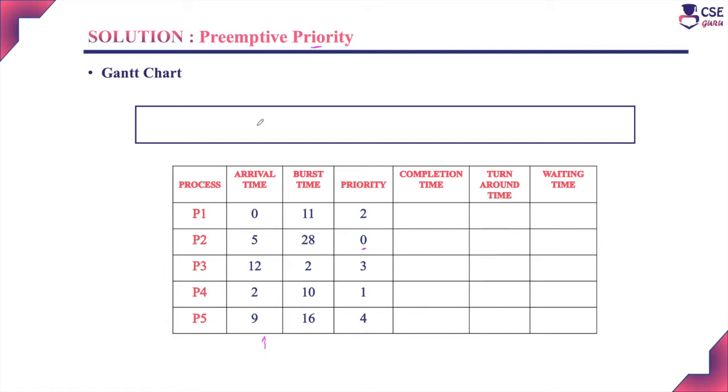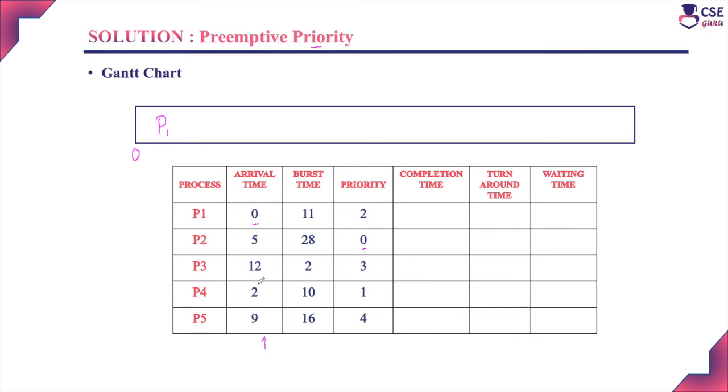So this is preemptive priority. Now we will solve the problem based on preemptive priority. First we need to construct the Gantt chart. The Gantt chart is a bar chart which clearly shows the starting time and the completion time of each process. So the CPU execution starts at 0 milliseconds. At 0 milliseconds, process P1 is the only process available in the ready queue. Since this is preemptive priority, P1 will execute on the CPU until a new process enters the ready queue.